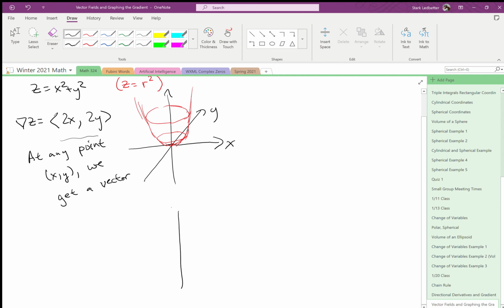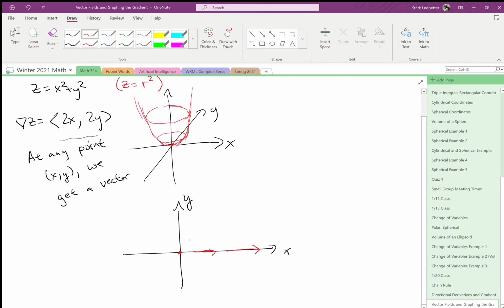So let's go down to the xy plane so we can sketch this. Let's see what happens. At 0, 0, we get the vector 0, 0. At 1, 0, we get the vector 2, 0. And then at 2, 0, these vectors get bigger.